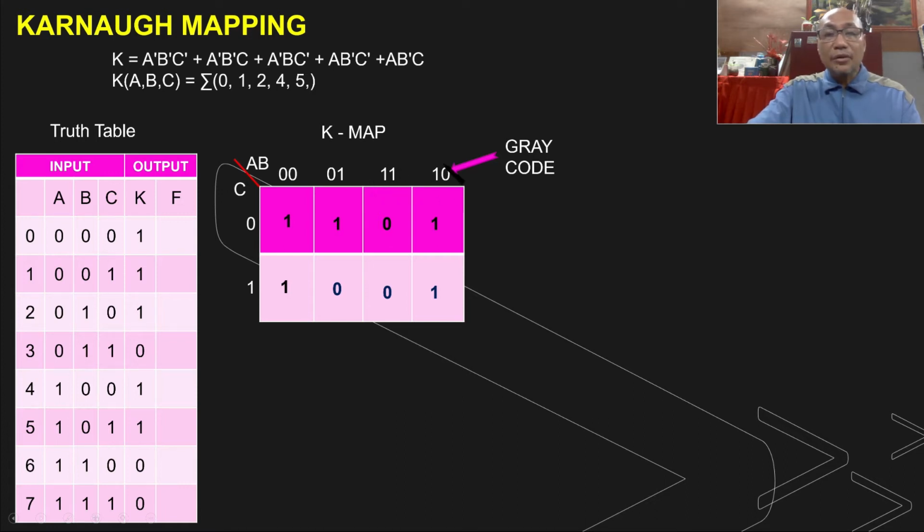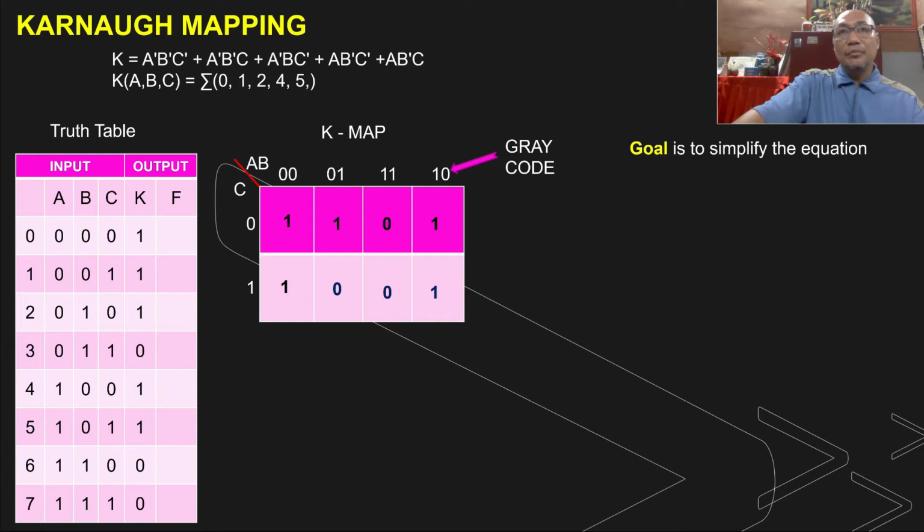Also, with respect to these two cells, only the value of B changes, and the value of A remains. If we try to interchange these two, if we put here 10, then 01 and 10, the two values will have changed. So please remember that the combination that we are using here is in the gray code form.